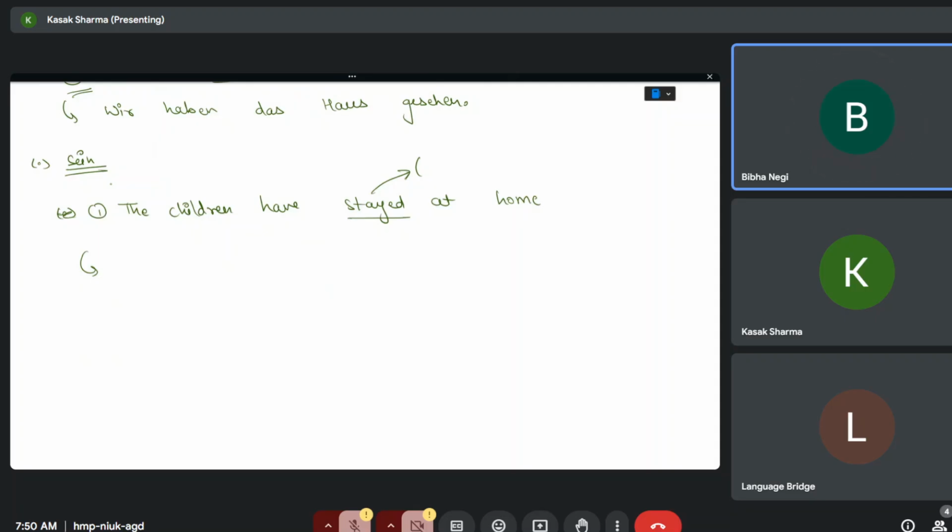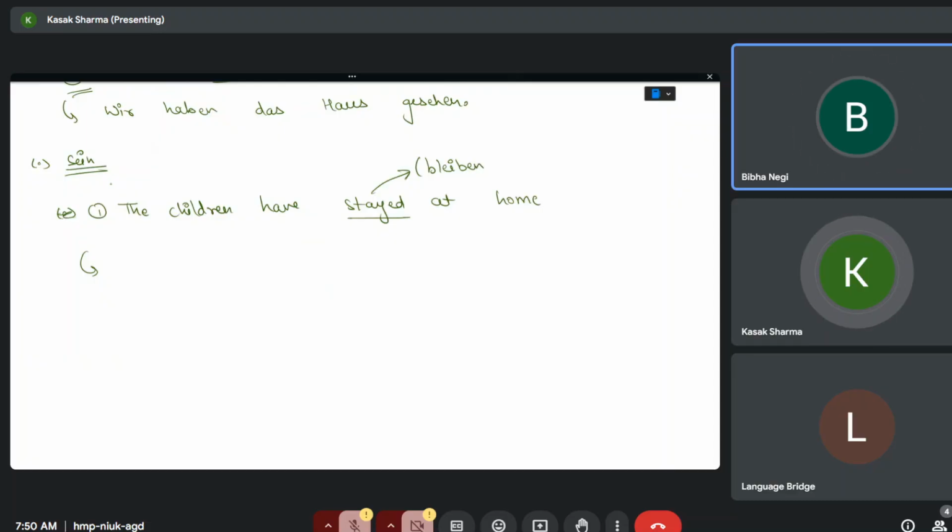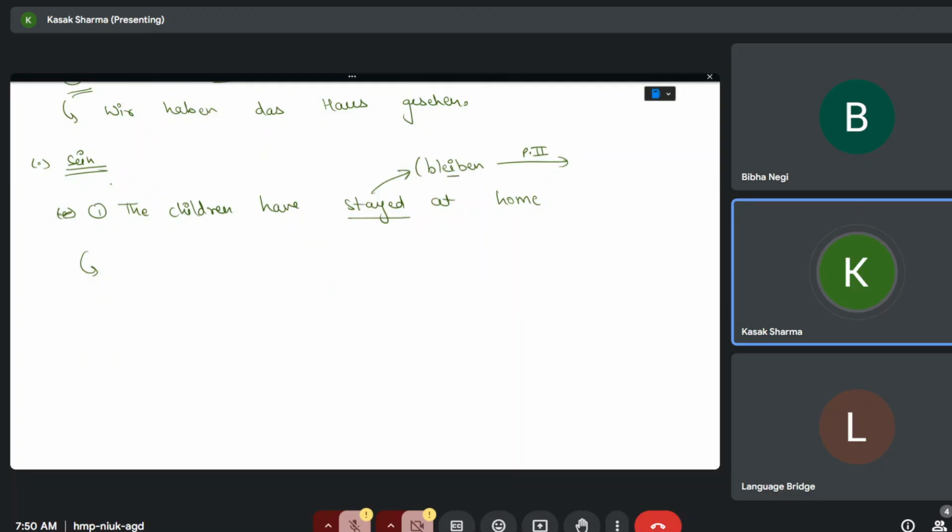It is bleiben. Participle of bleiben, same case as schreiben: EI will change into IE. So it becomes geblieben. Geblieben, or you can say bleiben, takes sein as the helping verb.